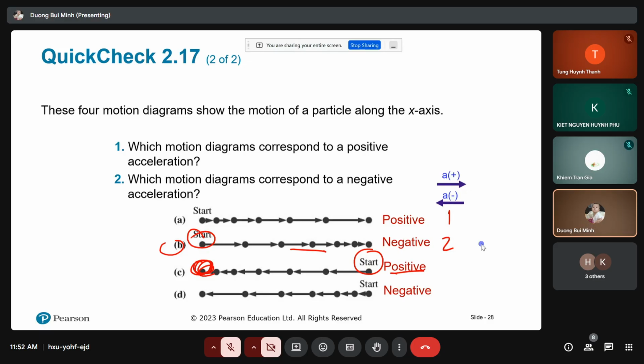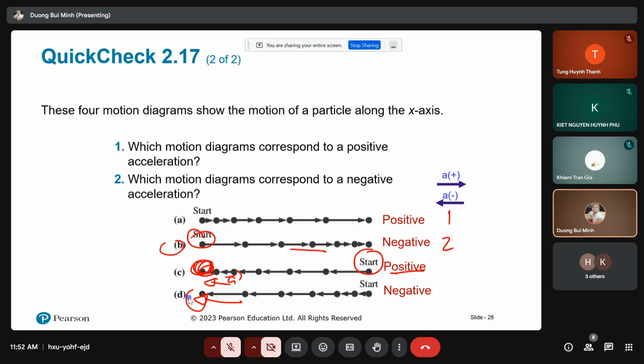Now the position vector is here, and A should follow the same direction as R. So R is negative, so A is negative. The key point is you need to know where the position vector is first for reference.